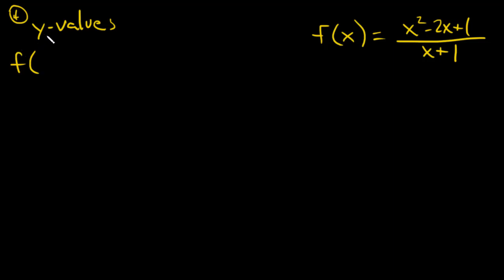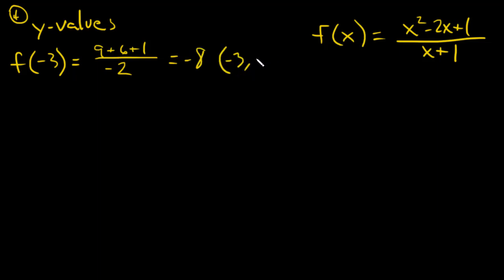So f of negative 3, well, what am I going to get? I'm going to get 9 plus 6 plus 1 over negative 2. So it's going to give me 16 over negative 2, which is negative 8.